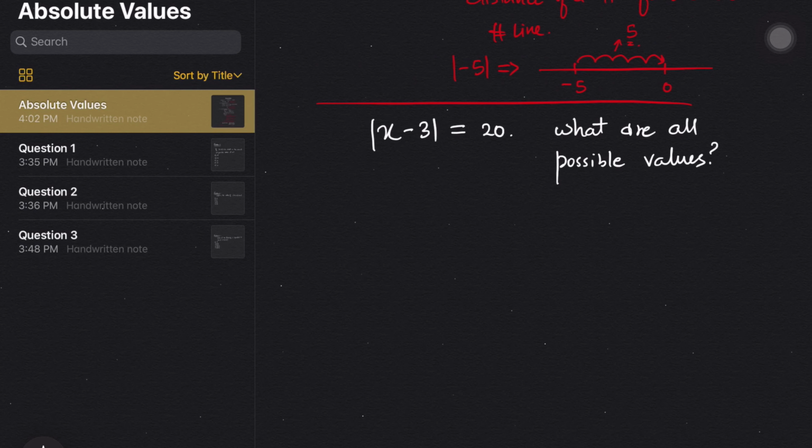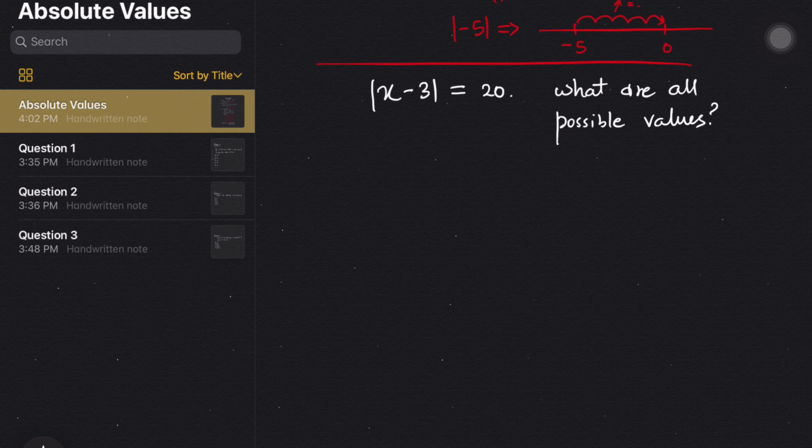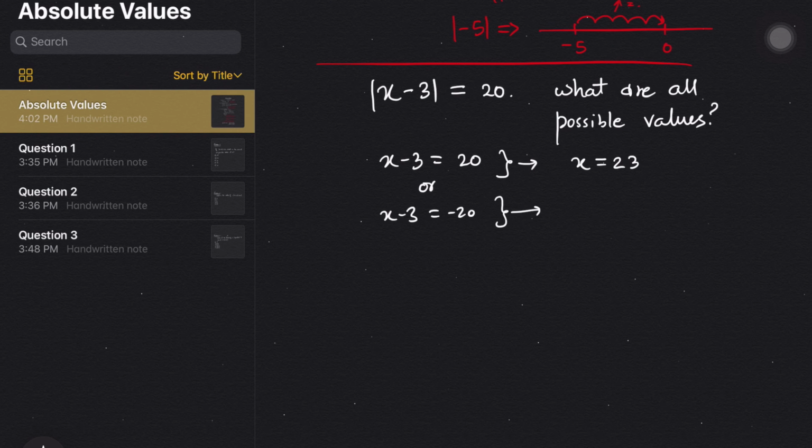Some students use the purely algebraic method by saying that, okay, if it is true, then maybe x minus 3 is equal to 20, or x minus 3 is equal to minus 20. This one will get you the value of x as 23, and the other one will get you x is equal to minus 17. That's not bad at all. It still gets you the correct value.